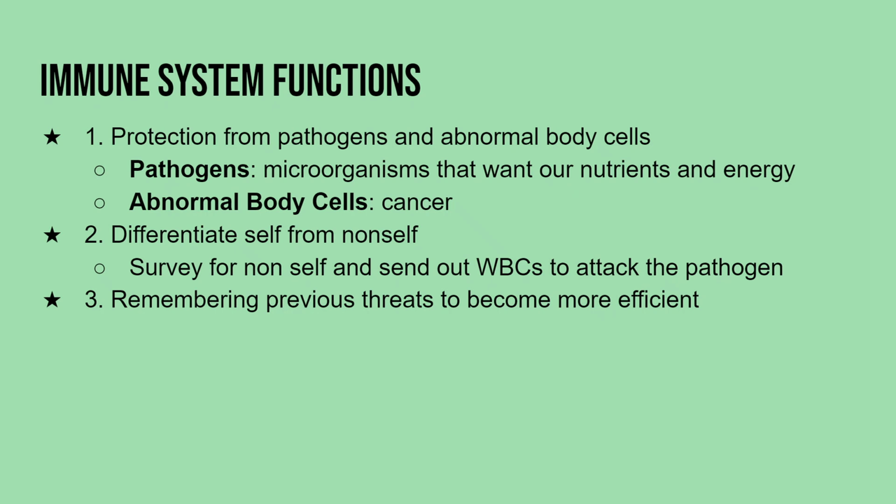The second function is to differentiate self from non-self, which is very similar to the first function, identifying abnormal cells that aren't supposed to be there. The third function is remembering previous exposures, so it's protected upon second exposure and is more efficient the next time.